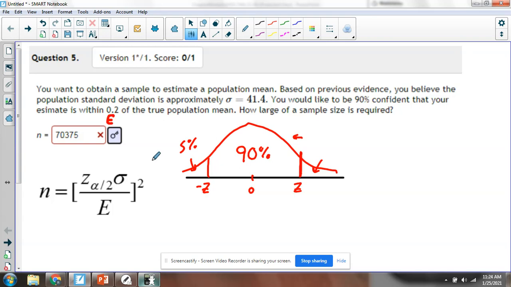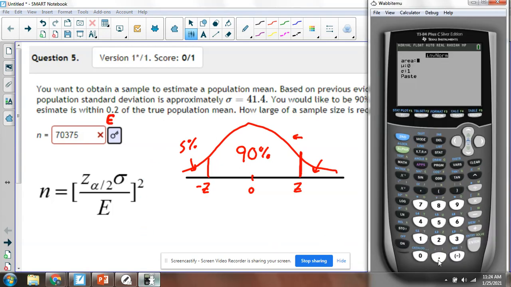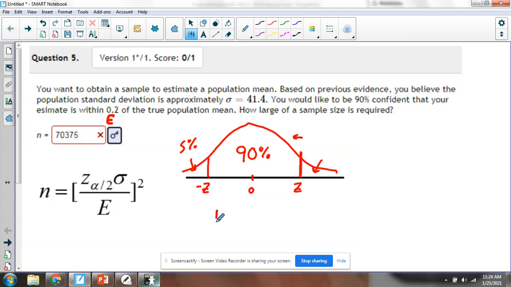So the area to the left of my Z value is going to be 95% or 0.95. Mu is 0, sigma is 1. Paste. It says use your Z score to 3 decimal places. So this Z score is 1.645. That's my Z.